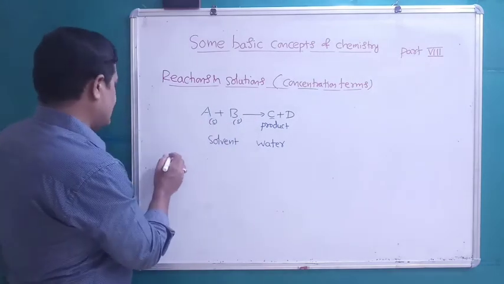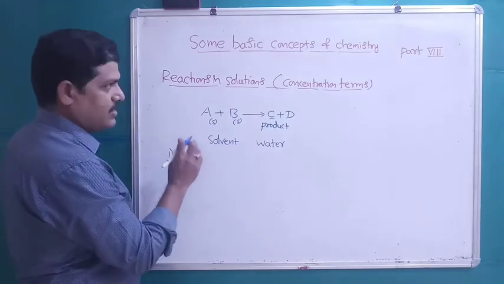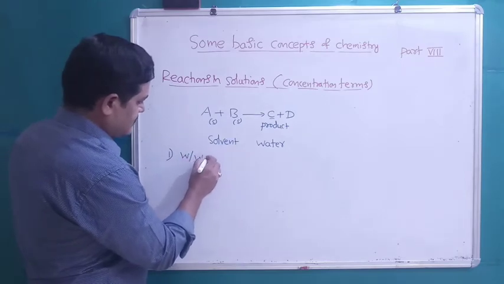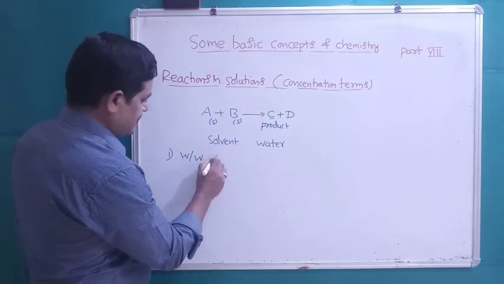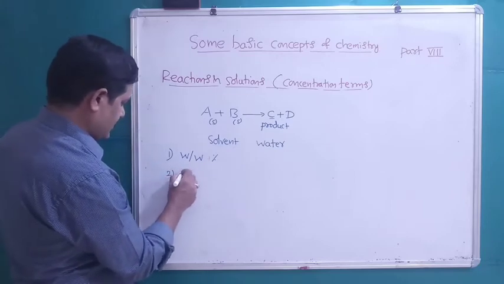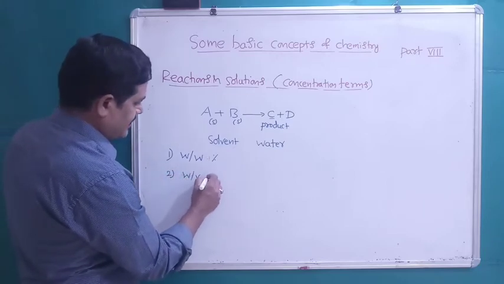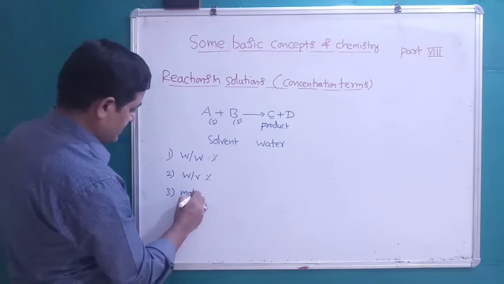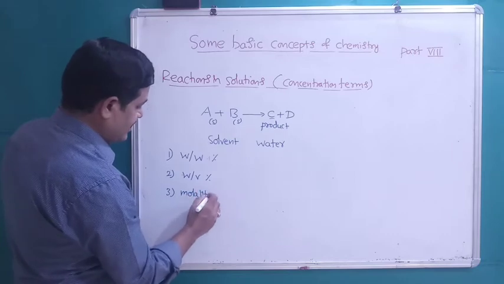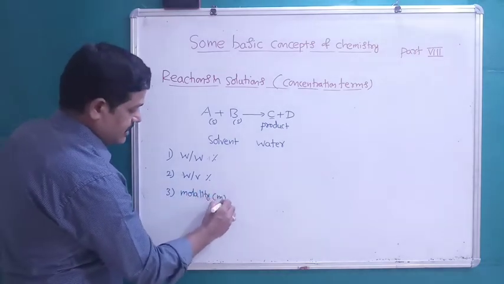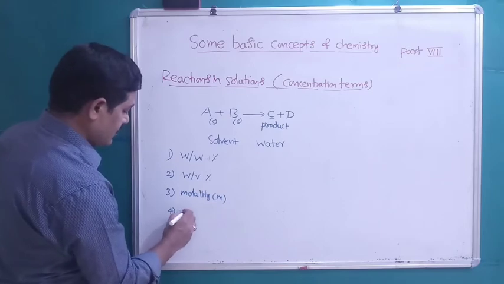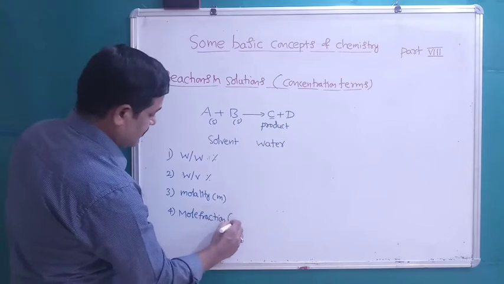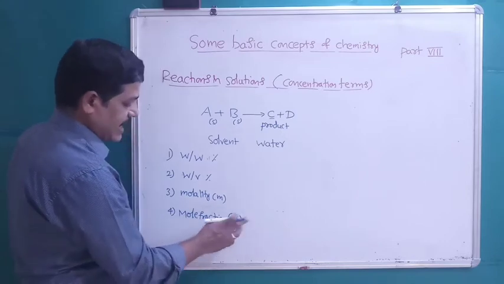The most frequently used concentration terms are weight by weight percentage, weight by volume percentage, molality, which is indicated with the small m, mole fraction, which is generally indicated with the Greek alphabet chi.